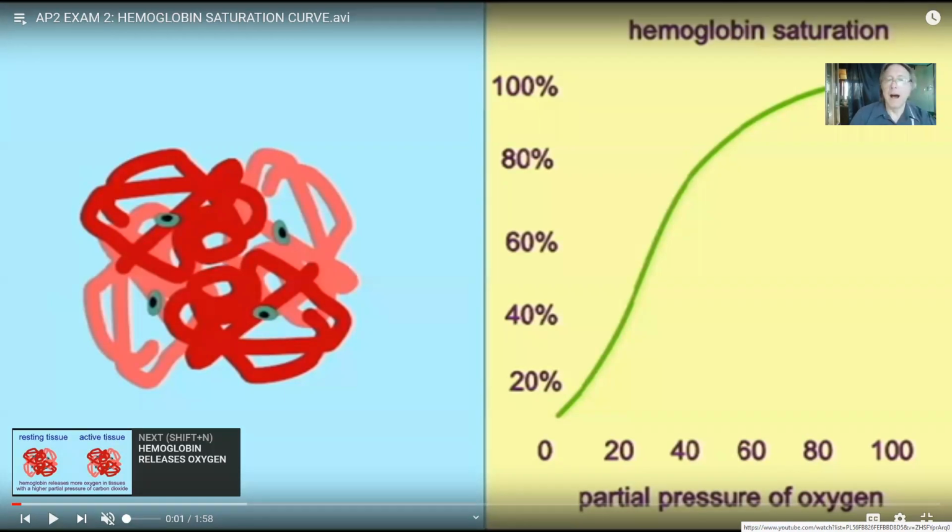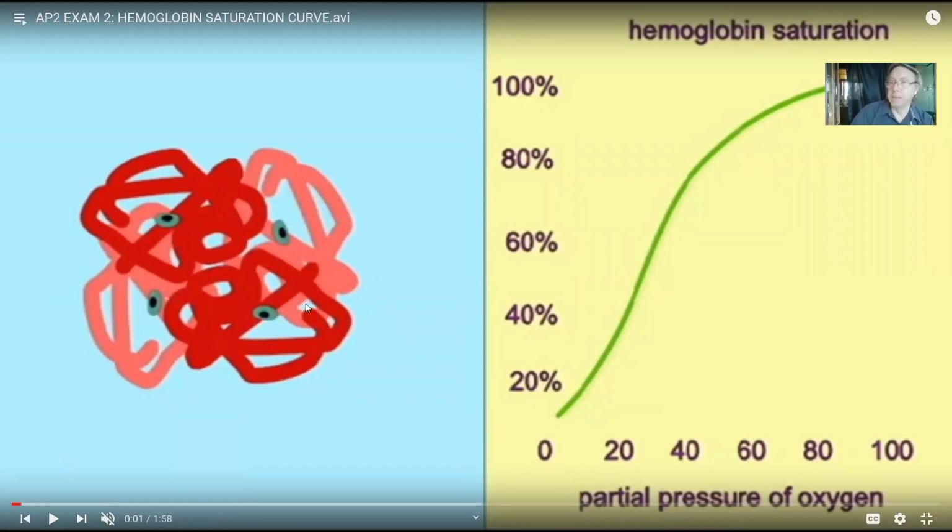So if oxygen is sometimes binding hemoglobin and sometimes letting go of hemoglobin, we need a way to then express how much oxygen is bound to hemoglobin, how much has been released. So in other words, we need to talk about hemoglobin saturation.